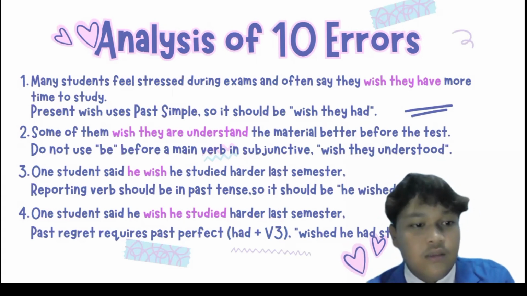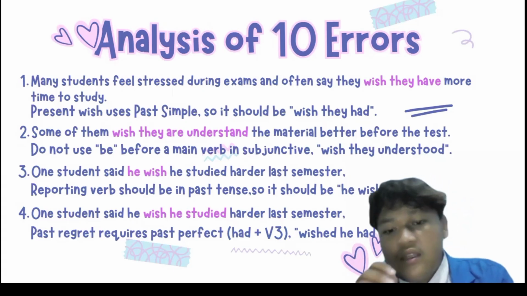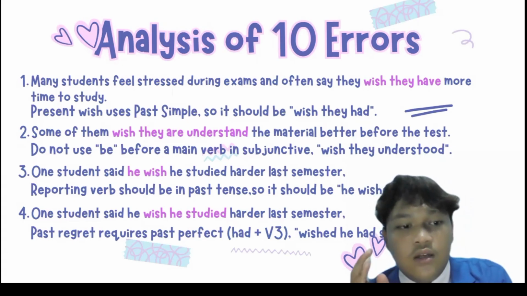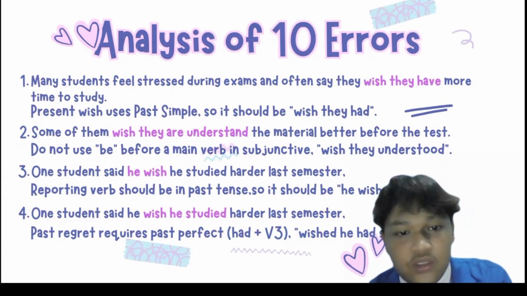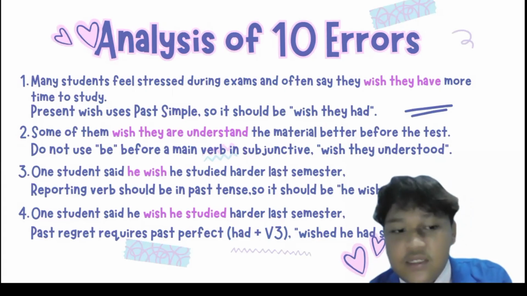The third: "One student said he studied harder last semester." The reporting verb should be in past tense, so it should be "he wished." One student said he wished he studied harder last semester.